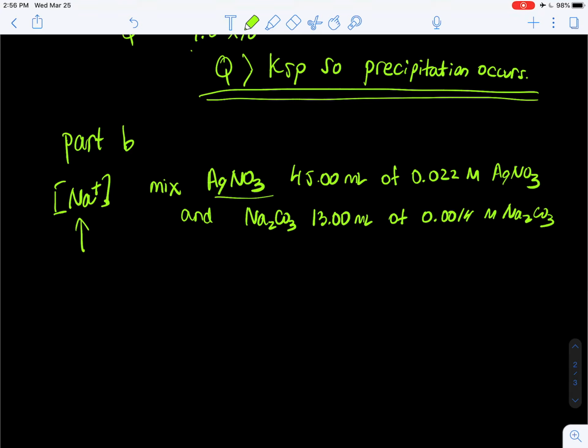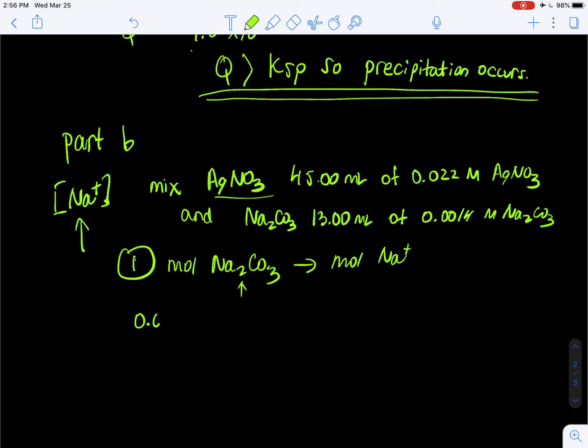Now, the first thing we want to do is convert from moles of sodium carbonate to moles of sodium ion. The reason for that is because of this coefficient of 2. Okay? So let's go ahead and do that.